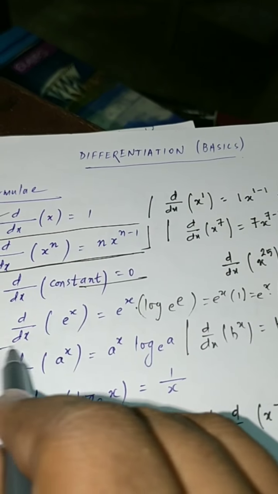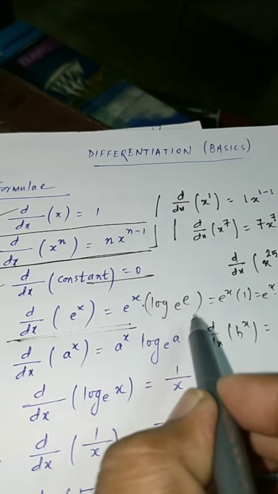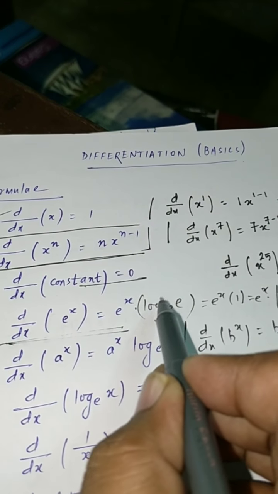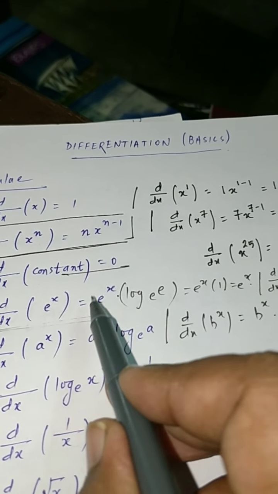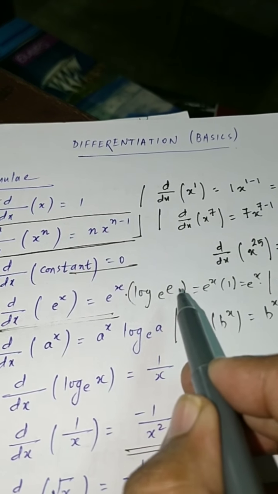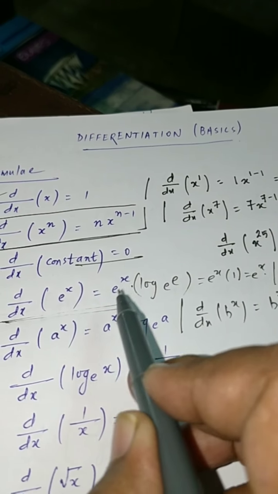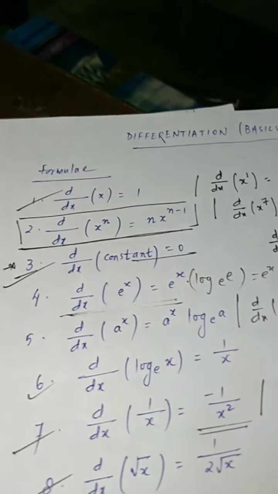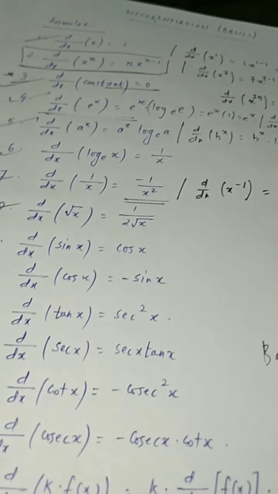So whenever we do d/dx of e power x, it is only e power x. We don't have to write this term, because it gives us only 1. So we have discussed formulas number 4 and 5 also.